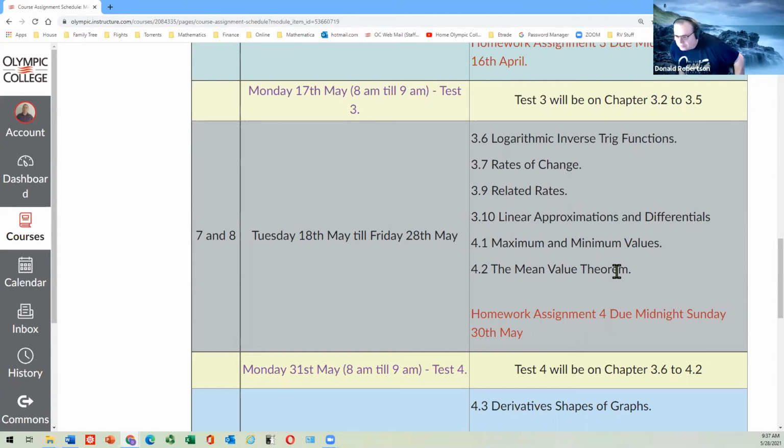Linear, right? Well, how you can find a linear approximation to a function. Absolute max and mins. Remember critical numbers, testing the two endpoints and all the critical numbers. The biggest one is the absolute max, the smaller is the absolute min. And what we do today, mean value theorem.